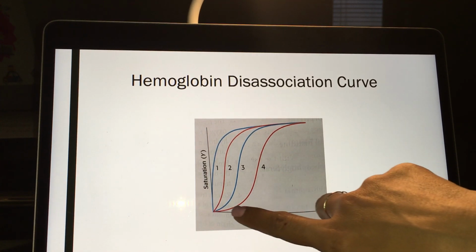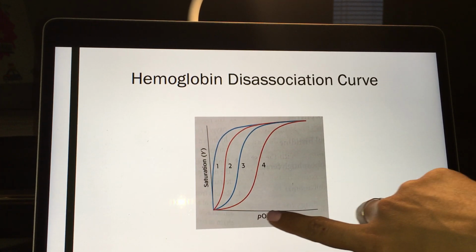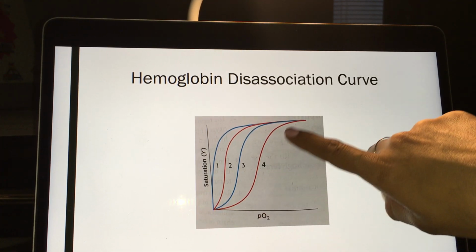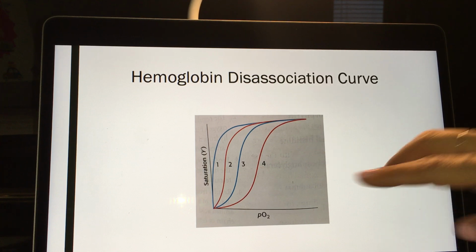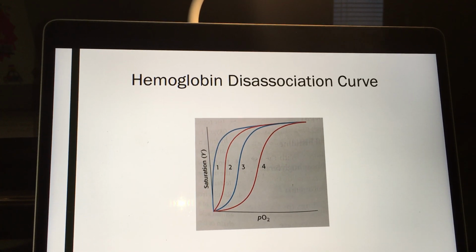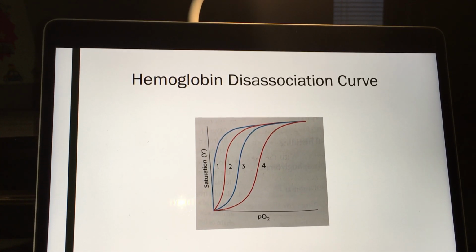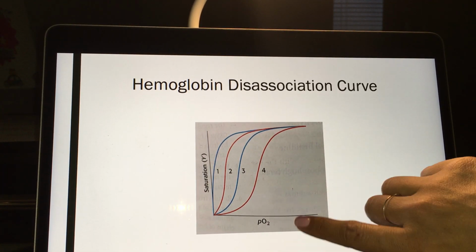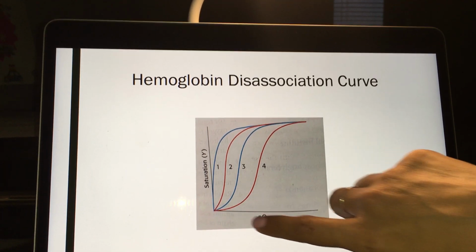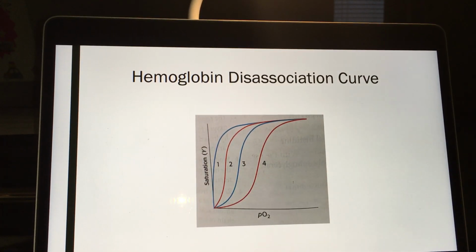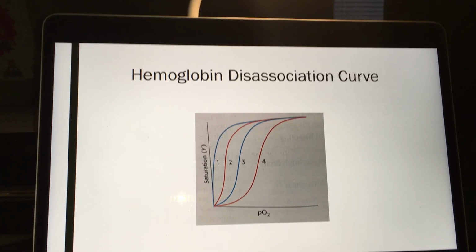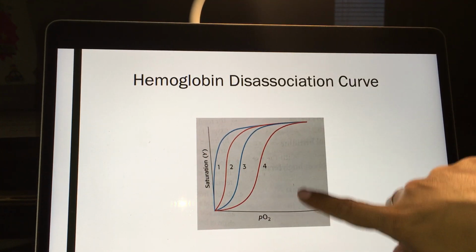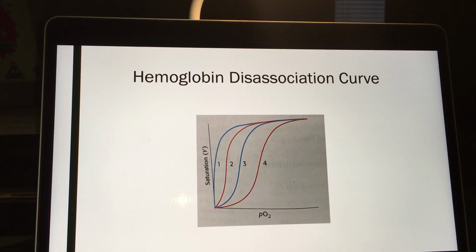So here we see as the partial pressure of oxygen decreases in the tissues, there's more buildup of carbon dioxide. Therefore, the pH decreases and there's a shift to the right. However, when the partial pressure of oxygen increases, there's a shift to the left. Basically, the hemoglobin doesn't need to release so much oxygen versus when the carbon dioxide is high in the tissues.